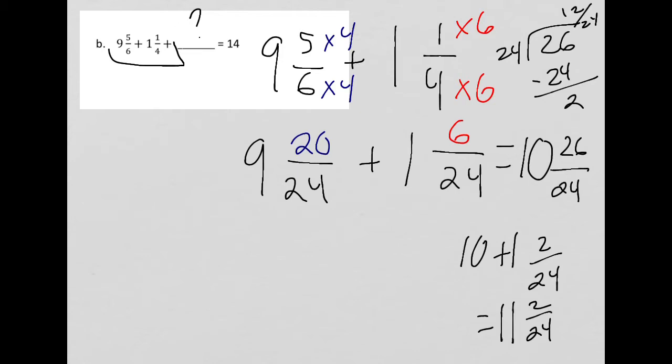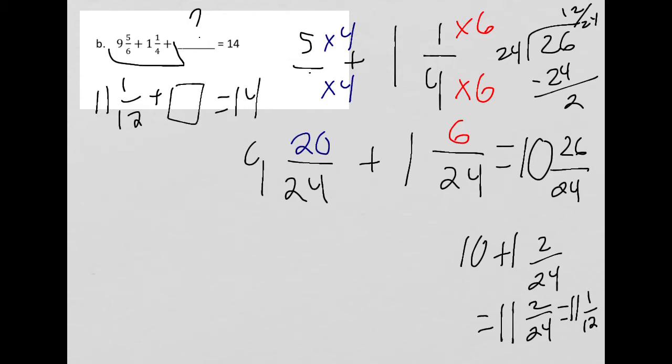Now I can simplify this one more step because 2 and 24 share a common factor of 2. So I can divide each by 2 and I'm going to get 11 1/12. That means that in this problem, I have 11 and 1/12 plus mystery number equals 14. I'm going to erase this to give me a little more space, friends.